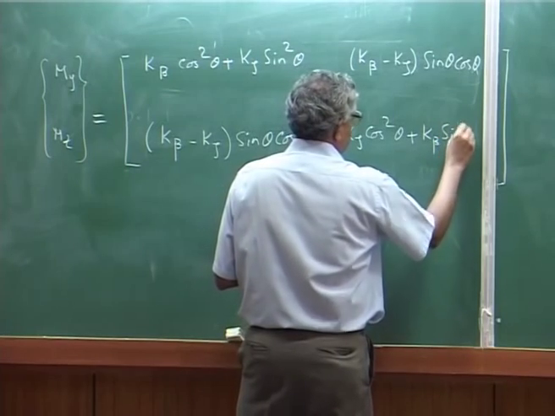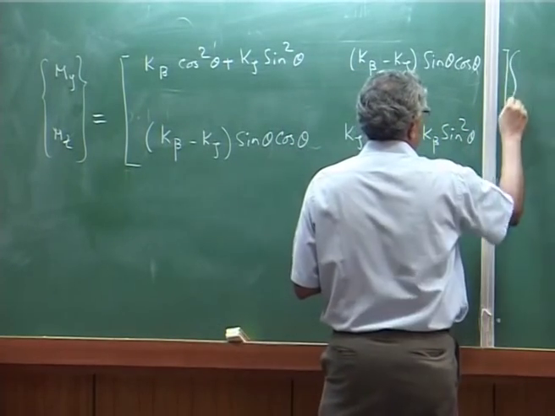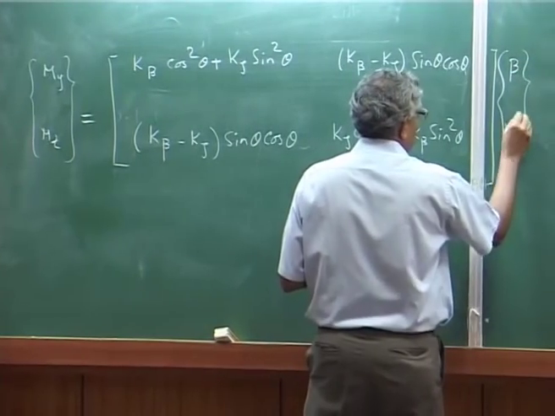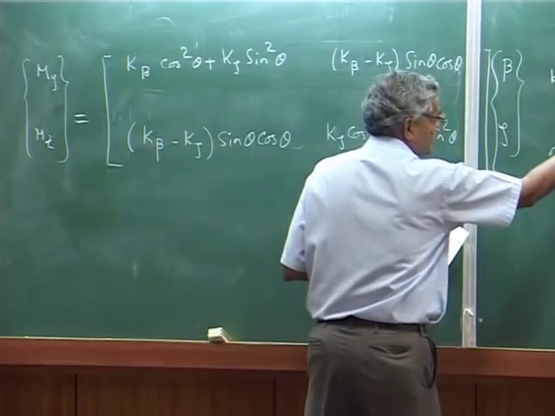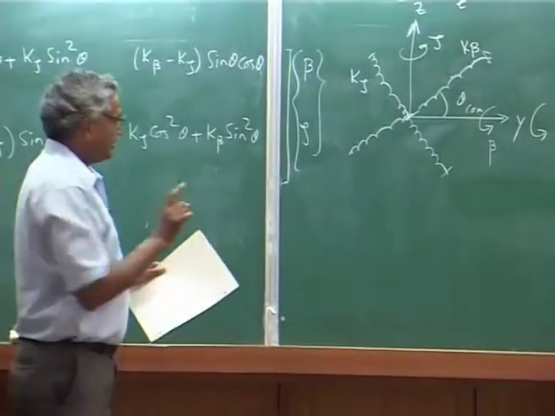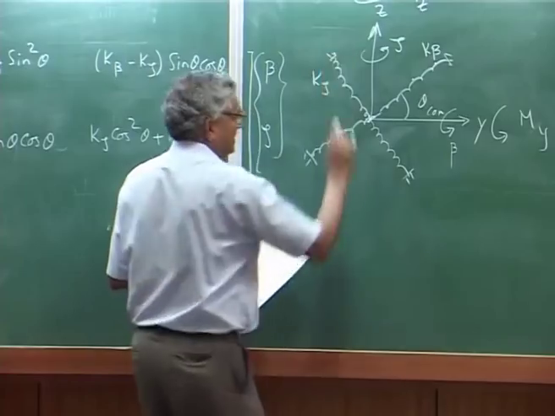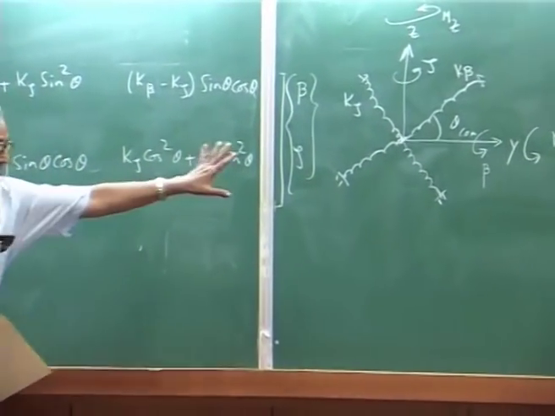K beta sine square theta multiplied by beta zeta. This equation corresponds to this, okay, whatever this relation. This relation corresponds to this.